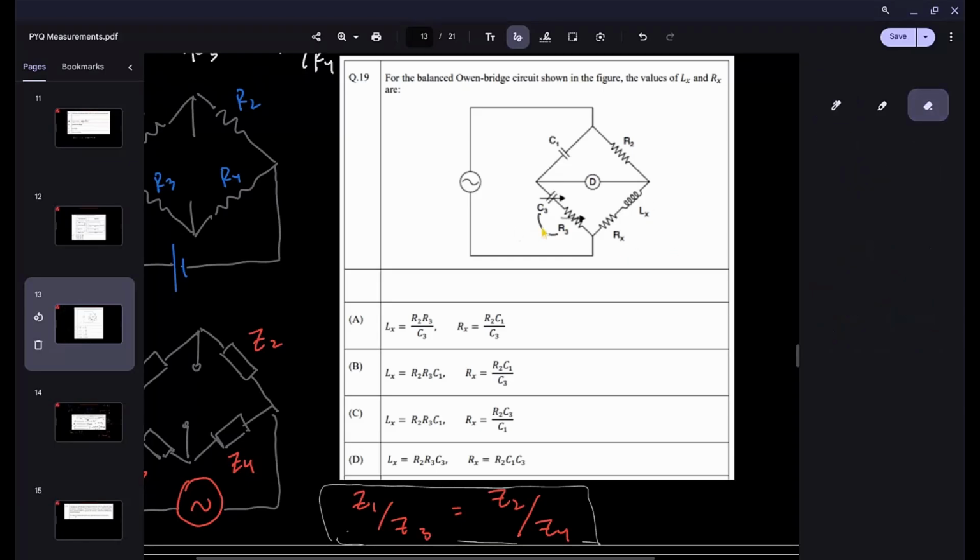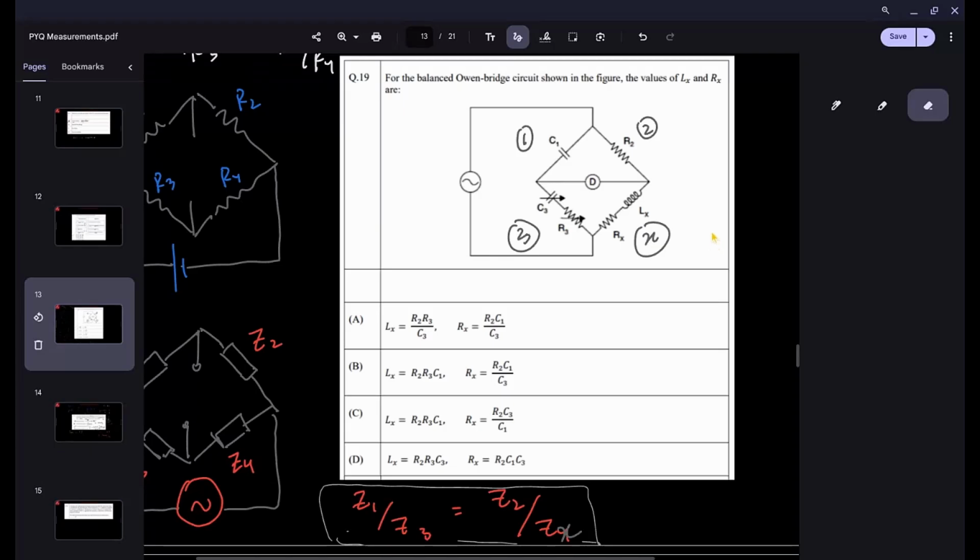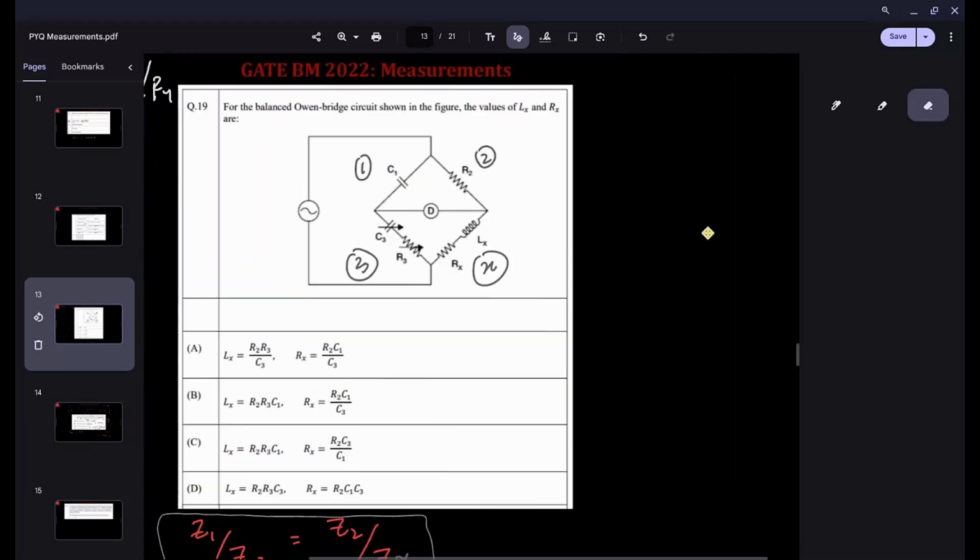You know what ZL is, what ZC is. So the balance condition is the same: Z1 by Z3 is Z2 by Z4. You have four things: 1, 3, 2, and 4. Let's write 4 as X. So this by this equals this by this.